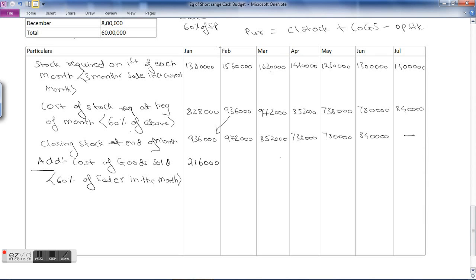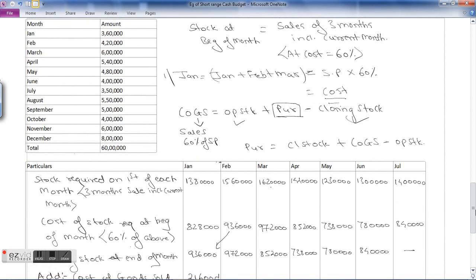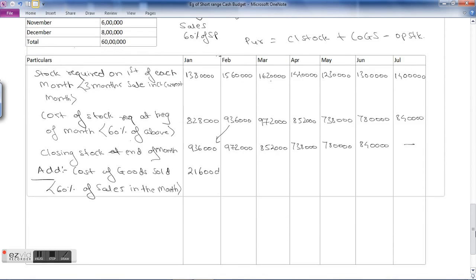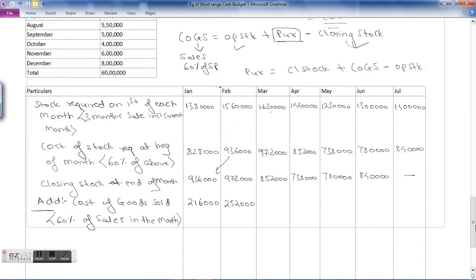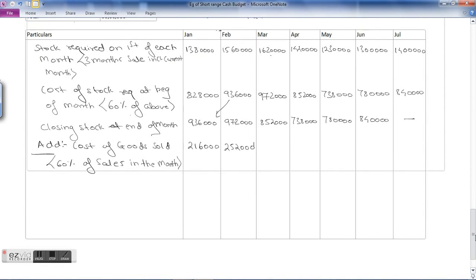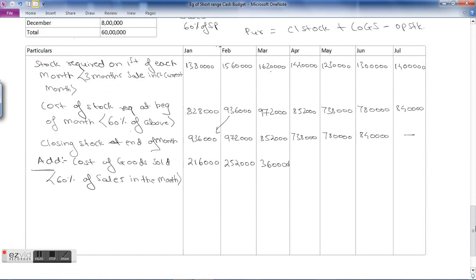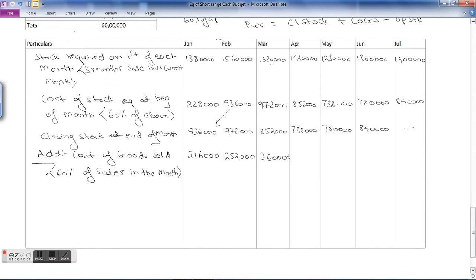Okay, so for the month of Feb it will be 60% of 4,20,000, so that comes to 2,52,000. For the month of March it will be 60% of 6 lakh, that comes to 3,60,000. For the month of April it will be 60% of 5,40,000, that comes to 3,24,000.